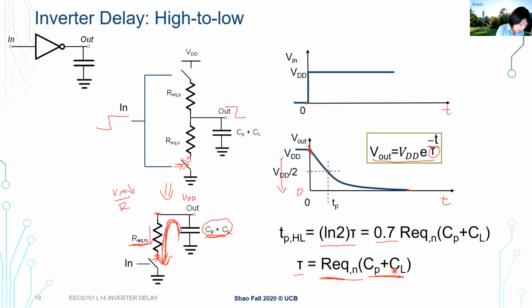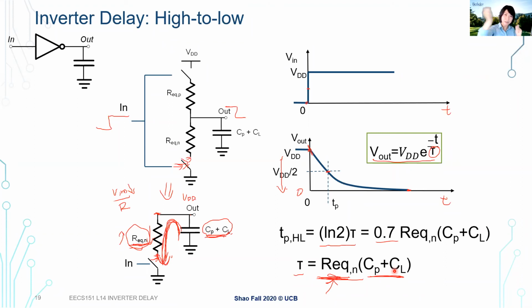So why is the time constant this? Let's say we have a higher resistance here. The current is the voltage divided by the resistance, so once we have a higher resistance, my current is lower, and it takes longer to do the discharging.